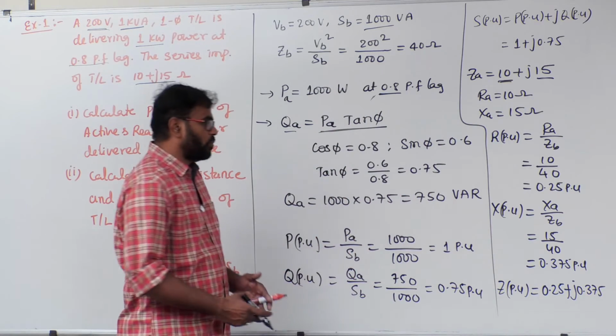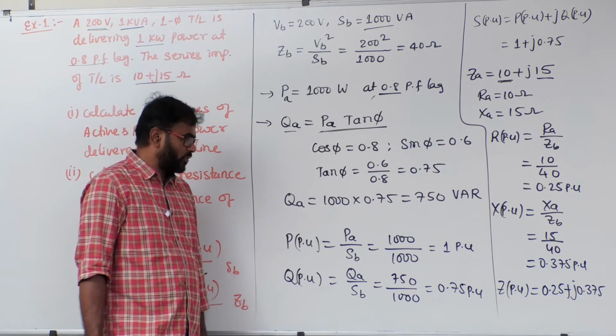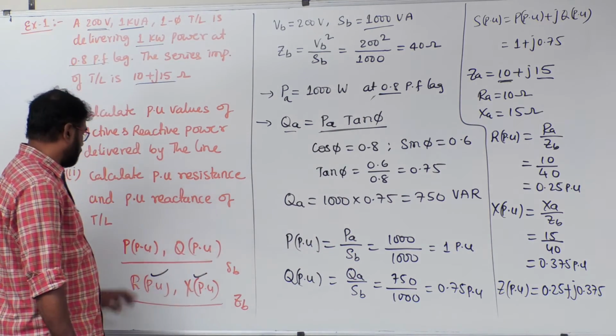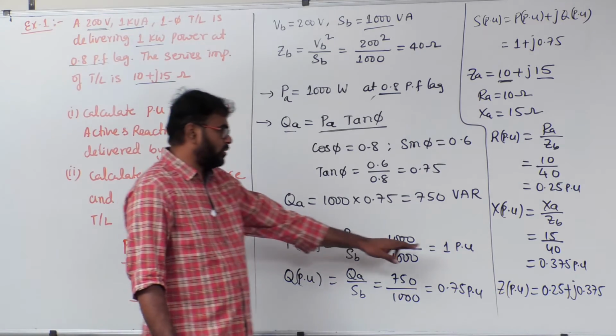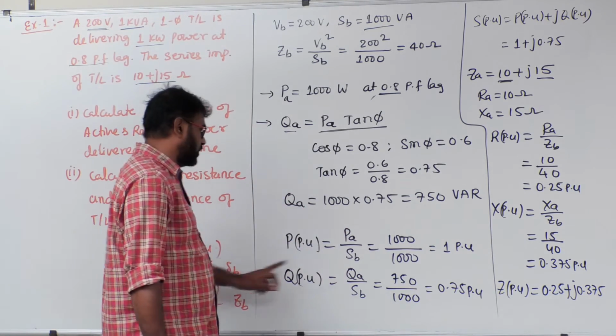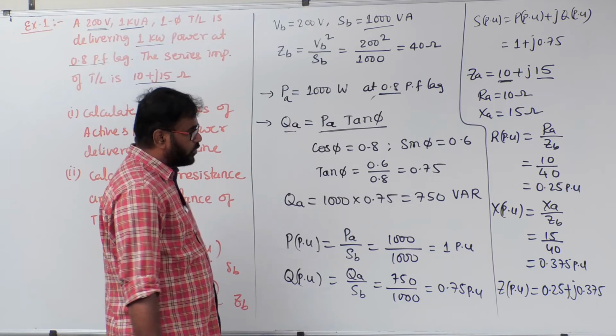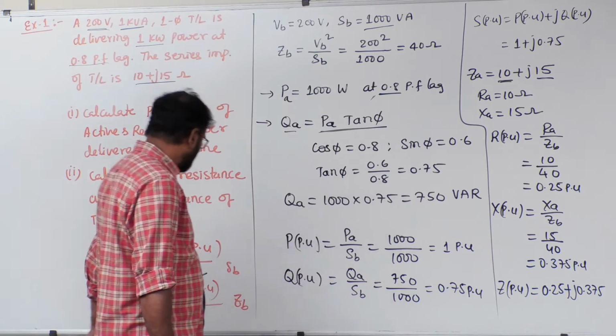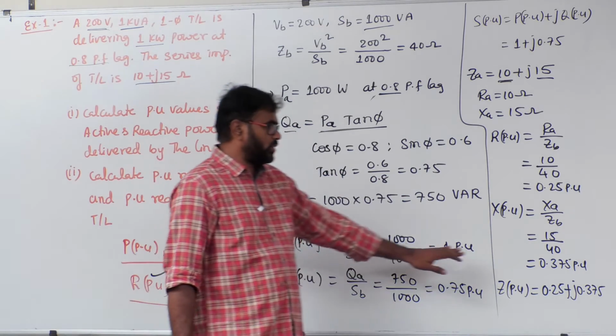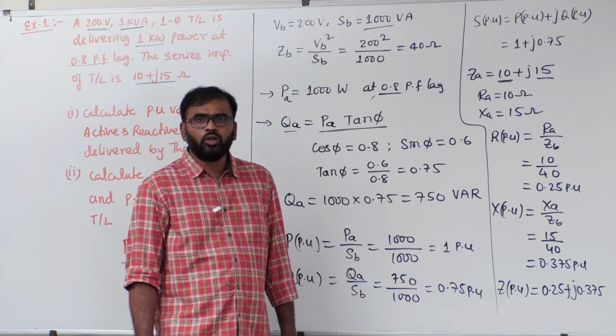Clear? 0.25 plus j0.375. Finally, we calculated P per unit is 1, Q per unit is 0.75, R per unit is 0.25 and X per unit is 0.375. That is how we need to solve.